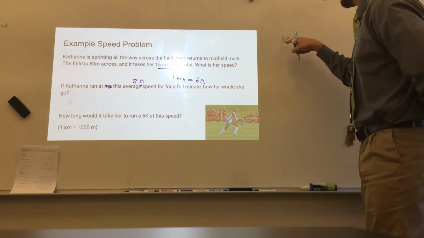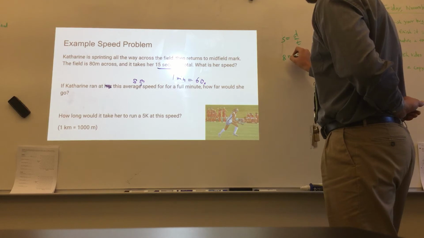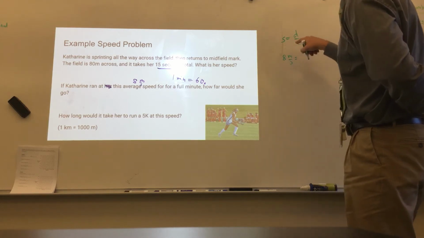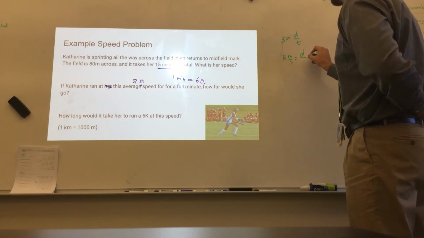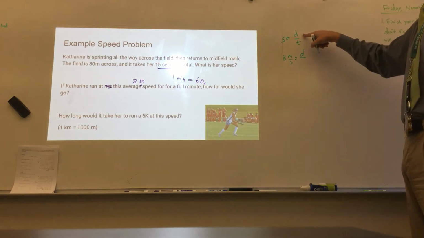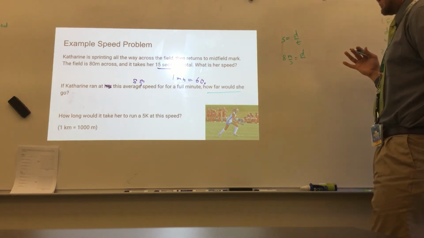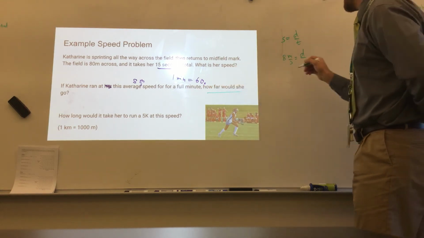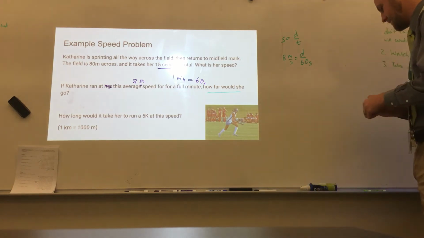We know speed is 8 meters per second, so I'm plugging in first, then I'll rearrange later. The D, we don't know what the distance is, and that's what we want to know, because the question is how far would she go. And the time is 60 seconds.